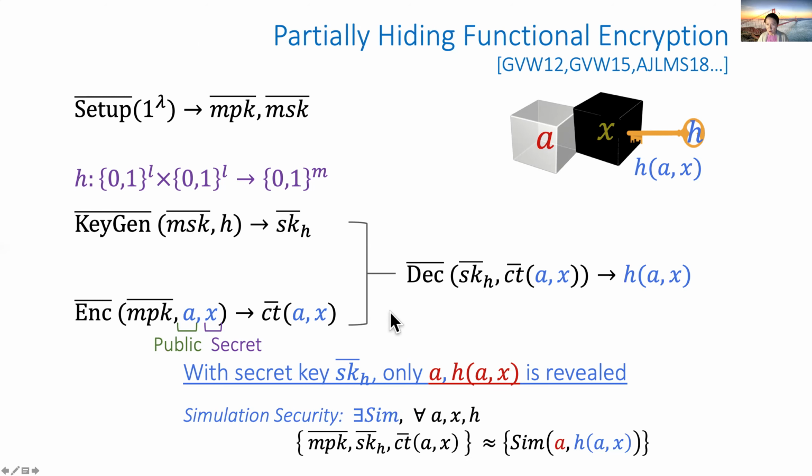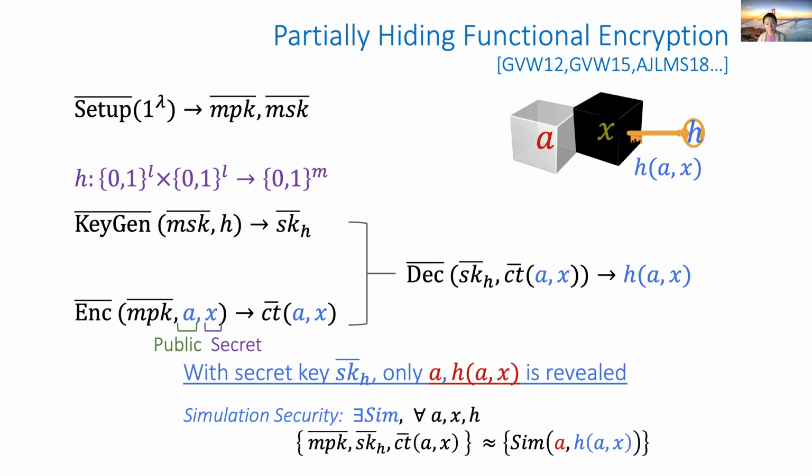We can again formalize this security notion, this security guarantee, using the language of indistinguishability. However, here we're going to consider a slightly different formulation through simulation. What it requires is that the master public key, the secret key, and the ciphertext altogether can be simulated using only the public input a together with the output h on a, x.